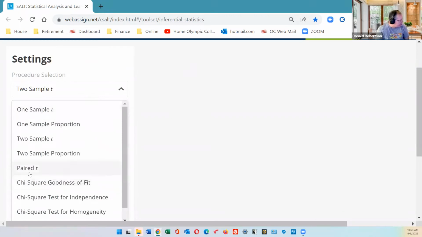Now, there's another one down here called paired t. Do you see the paired t ones? If you collect data on two populations, but they are definitely connected, I'll give you an example. One population had the husband and the other population had the wife. John is married to Mary.